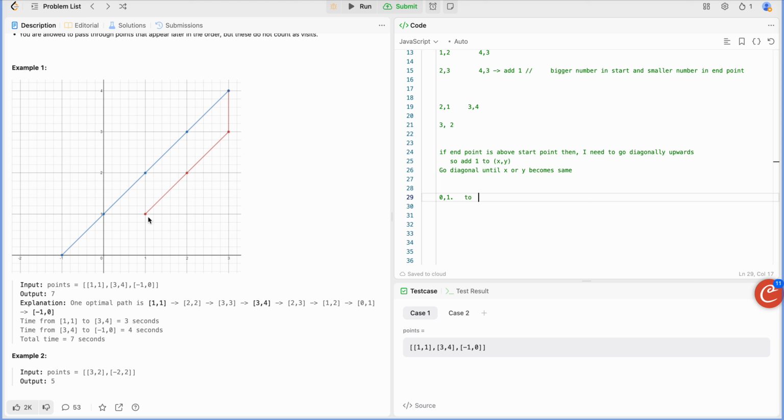0 1, and then, oh, this is 1 0 2 0 1. Suppose, then what should I do? 1 plus 1 is 2, 0 plus 1 is 1. So from this point I went until here, 2 1, because I was just adding to x and y, and then I should go here.